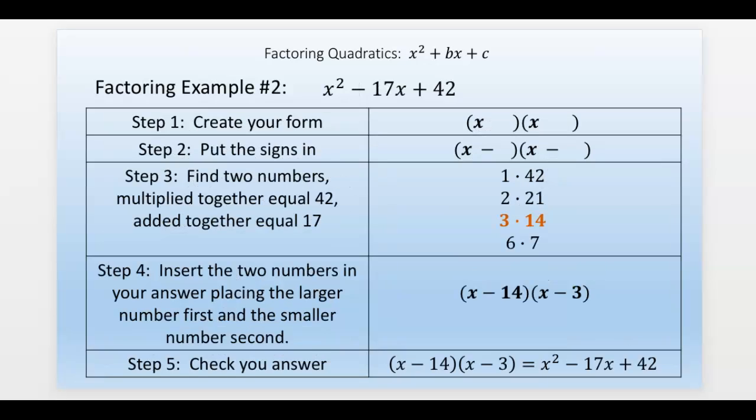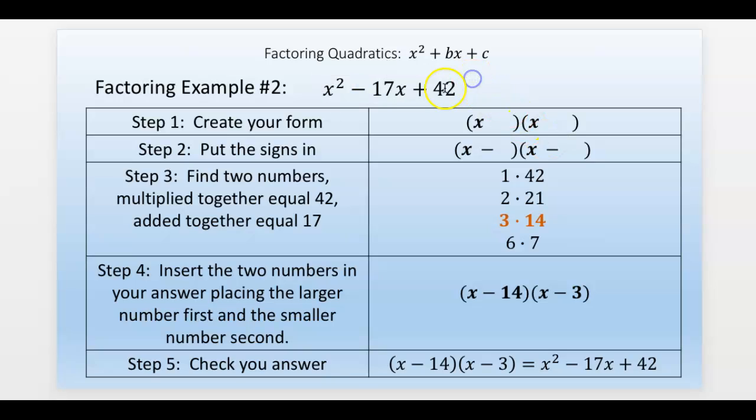All right, let's do another example. In this case, the plus sign in front of the 42 tells us that the signs are the same. All right, so you back up now. The negative in front of the 17 means they're both negative then. They're both negative.